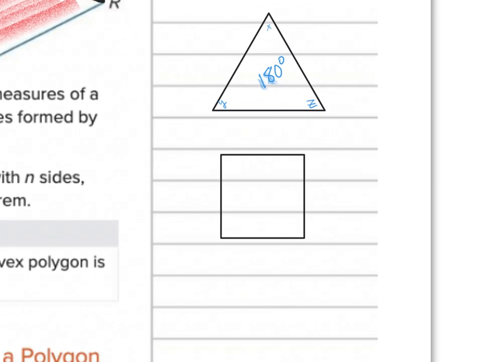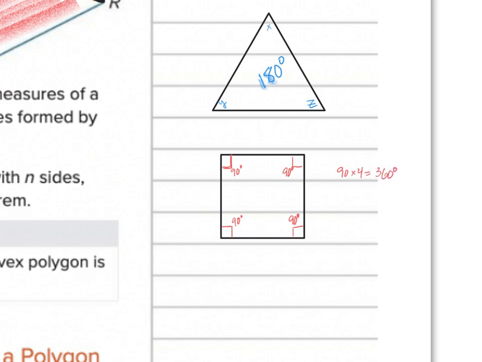So if this was a square, from what we've talked about in the past with a square or a rectangle, we know the corners are right angles, which is 90 degrees. So we have 90 degrees times 4, which is 360.